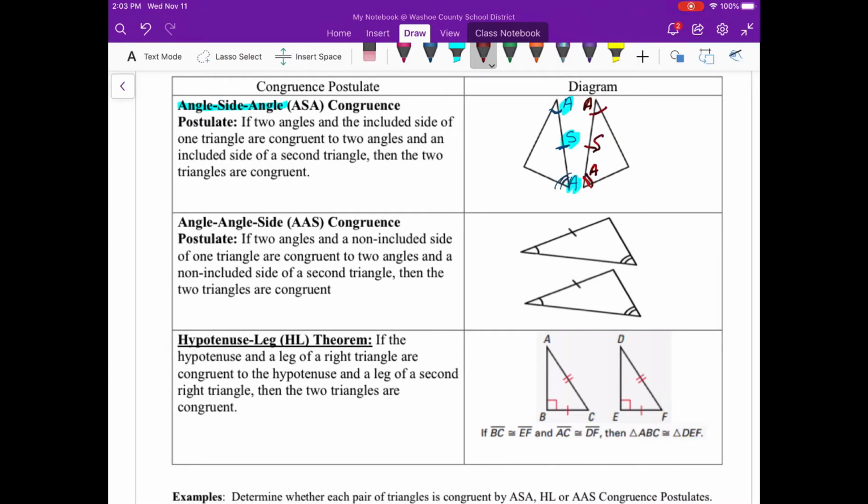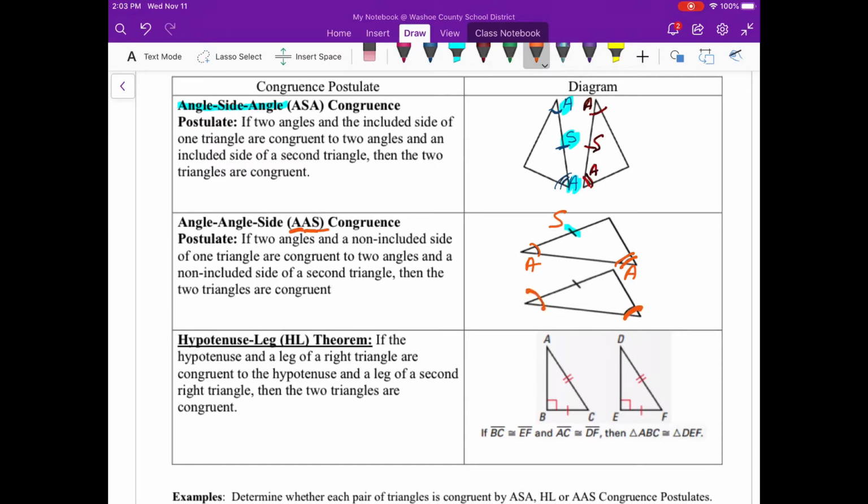Then we have angle, angle, side. And again, it has to be consecutive. So in this case, I have an angle followed by an angle. There's no side marked here. This side right here, even though it's between the two angles I'm talking about, is not marked, so I'm not going to call it angle side angle, for example. So it goes angle angle, and then my side is labeled, so that's how I know it's an angle angle side congruence.